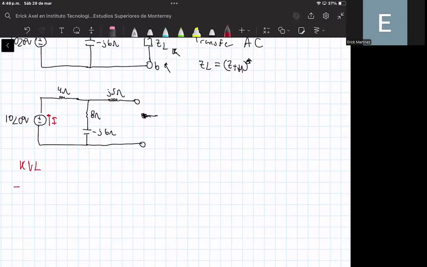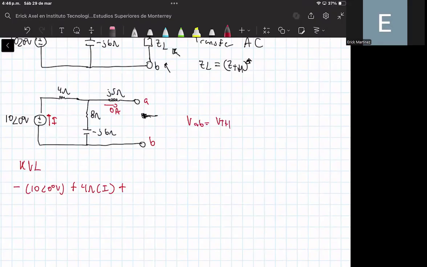So here we have minus 10 with an angle of 0 degrees volts plus 4 ohms times I. This is the voltage drop of this element plus the voltage drop in this part. Since here I am assuming that there is nothing connected, there is an open circuit in this region, the voltage between these terminals, let's label them as A and B, is equal to the Thevenin voltage.